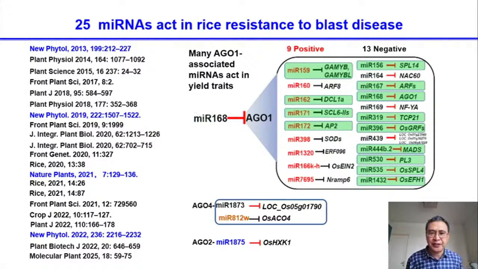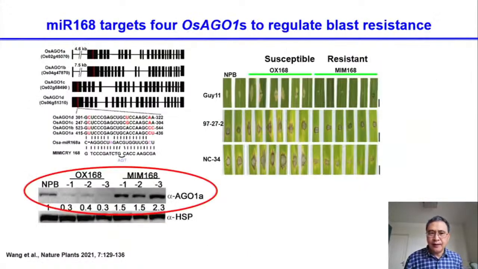Here I just show that many of the microRNAs are associated with AGO1. So this module, which I highlight in green, also acts in other traits. And here I just show microRNA168. This microRNA targets AGO1.